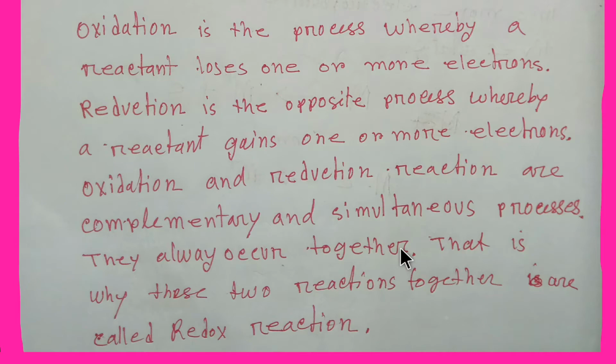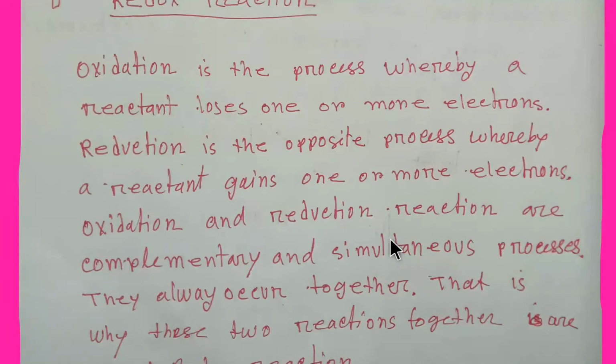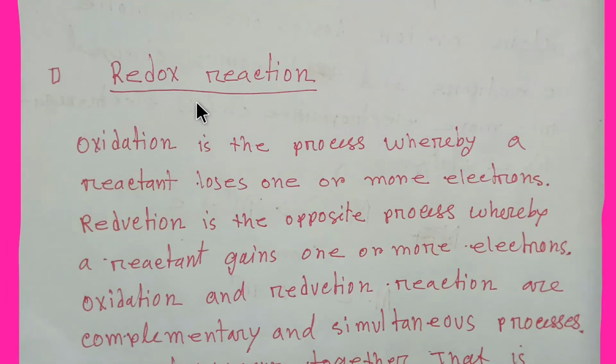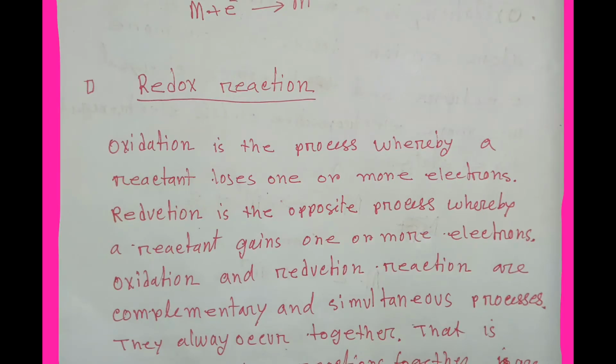That is why they occur together, and these two reactions, the oxidation reaction and the reduction reaction, together are called a redox reaction. Together, oxidation and reduction reactions are called a redox reaction. You can remember it.